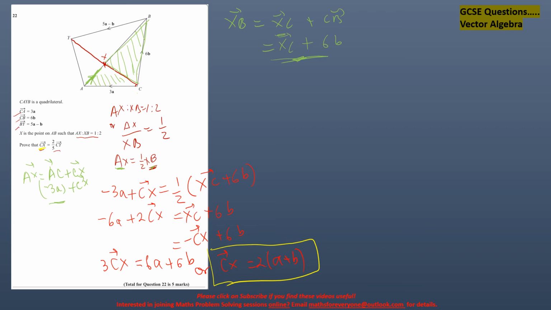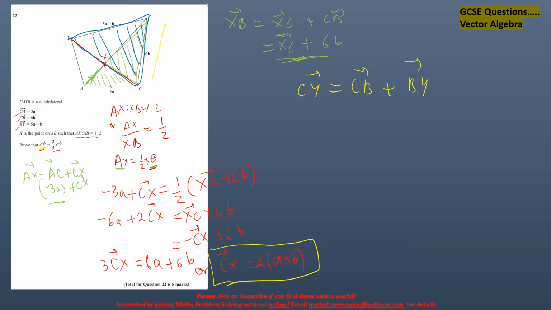So now we have to concentrate on CY. So CY is here. If we look at this part of the diagram, the whole of it, CY equals CB plus BY.